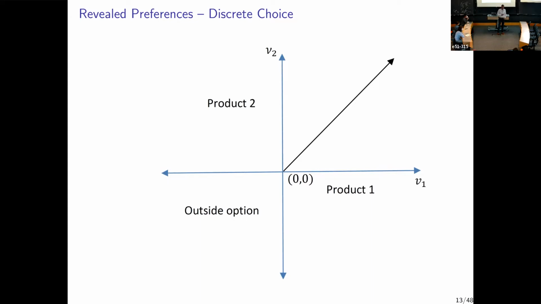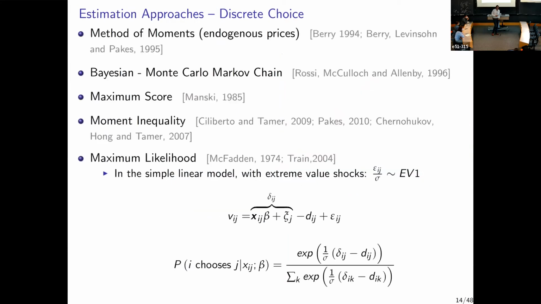That's the standard graph that I want you to get familiar with, because we're going to use it over and over. This is a standard thing that you get in discrete choice. And we know how to estimate this model. There are many ways. If you come from IO, you have the method of moments by BLP, Berry, Levinsohn, and Pakes. If you come from marketing, you're going to have seen Bayesian methods using Markov chain Monte Carlo.